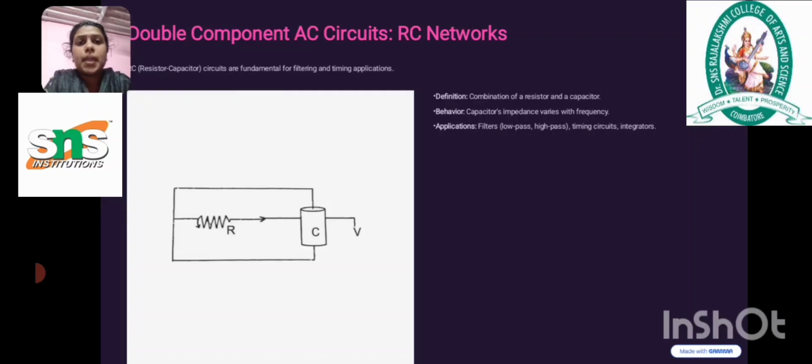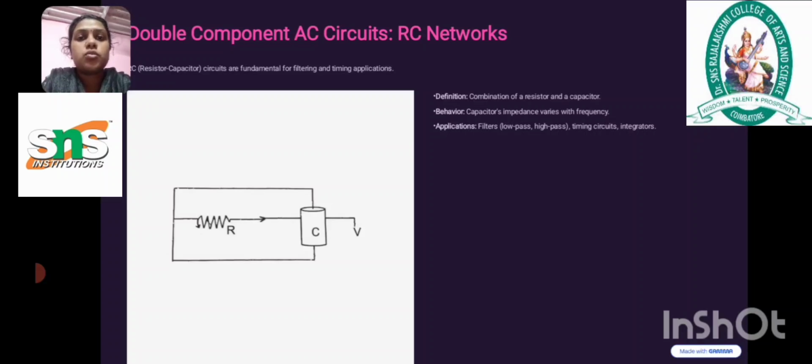These are the basic AC circuit configurations where the voltage drop across each component is affected by the component's resistance and reactance, resulting in voltage and currents that can be out of phase. The definition of double component AC circuit networks is a combination of a resistor and capacitor. So these combinations are also called components of an AC circuit.